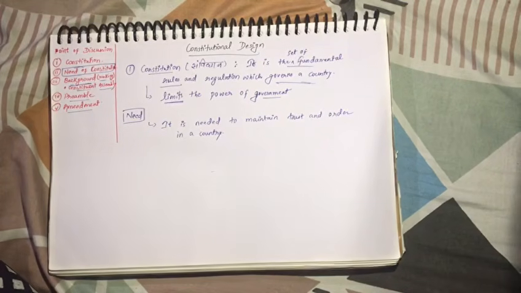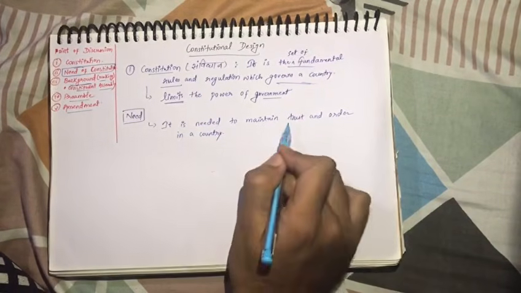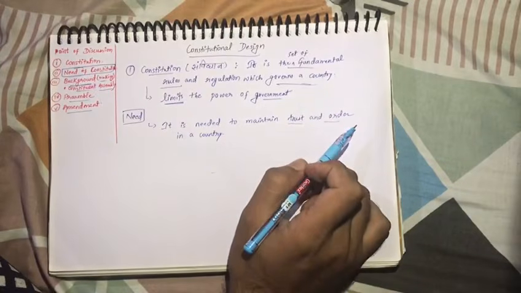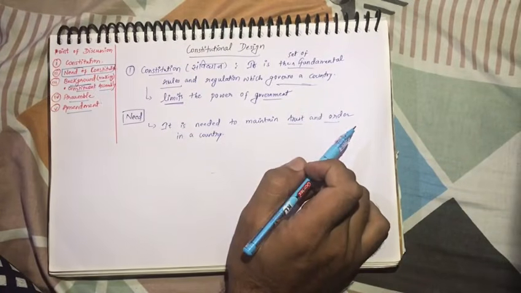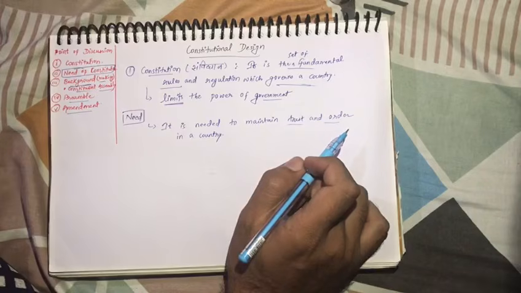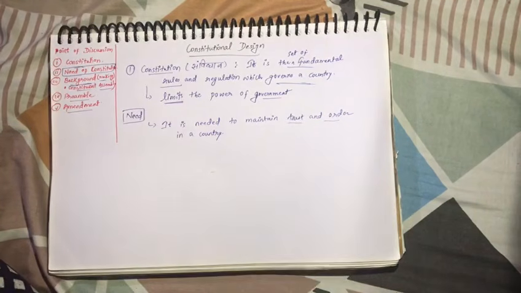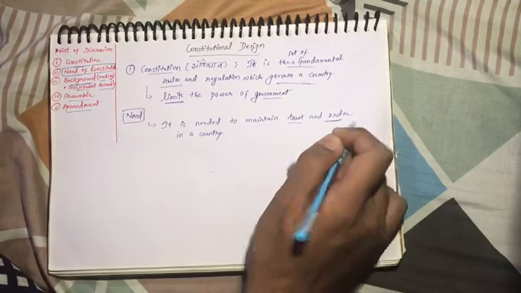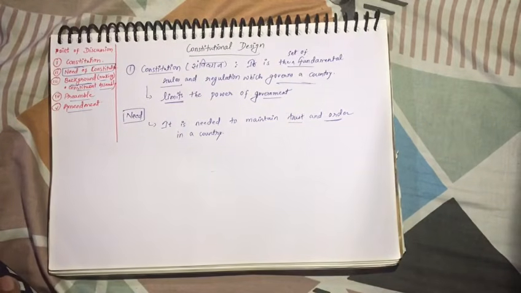So if there is a democratic country, there should be trust and order in the country. There should be law and order which is followed in the country. So the need of the constitution is very simple and very basic. If we are following a government, if we generate social harmony, we need a constitution to protect us from the bad things.